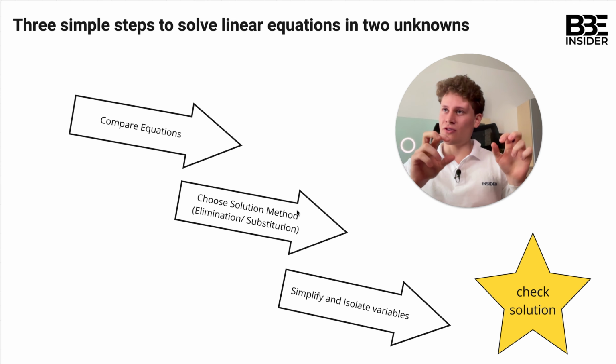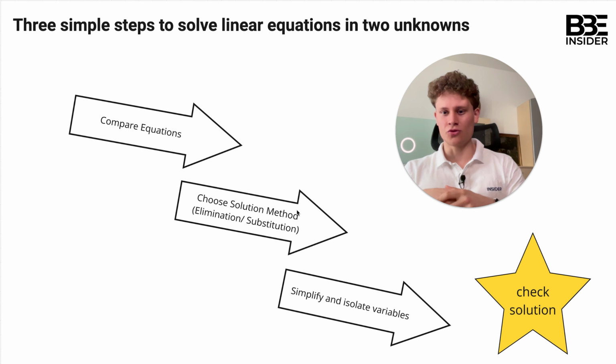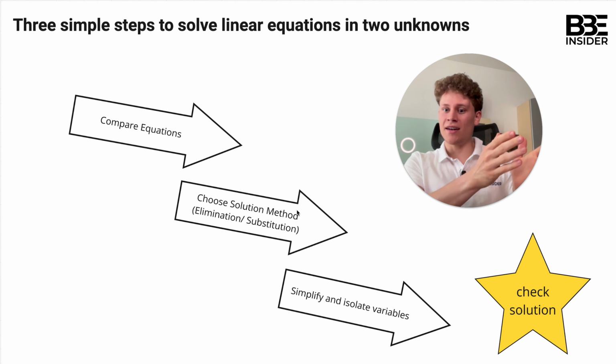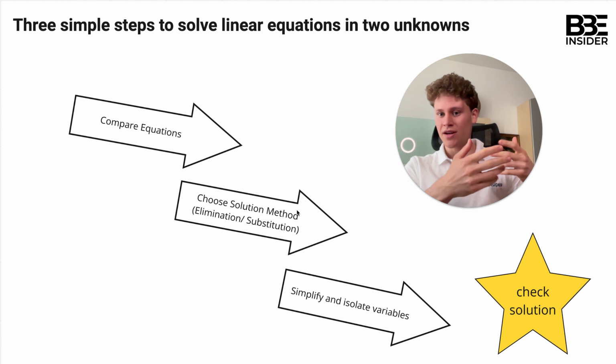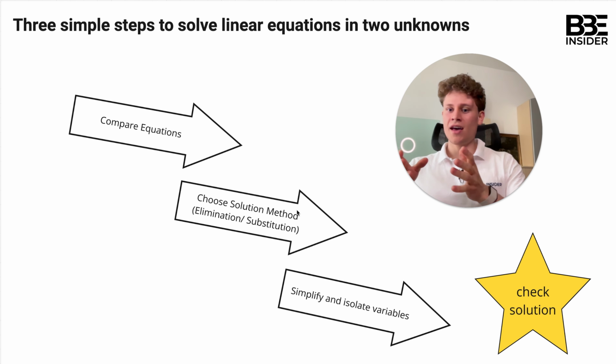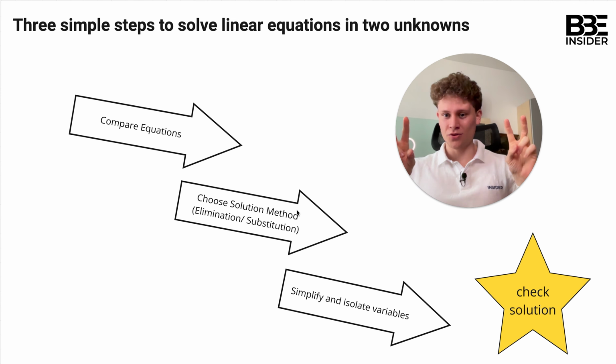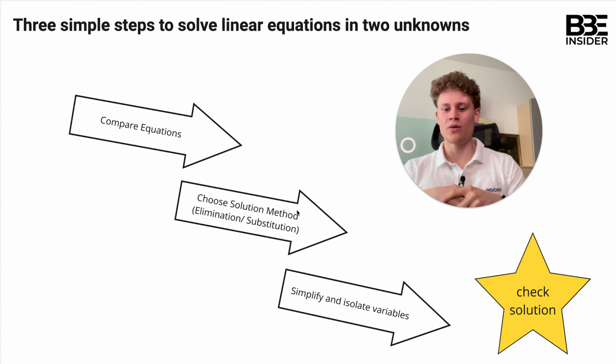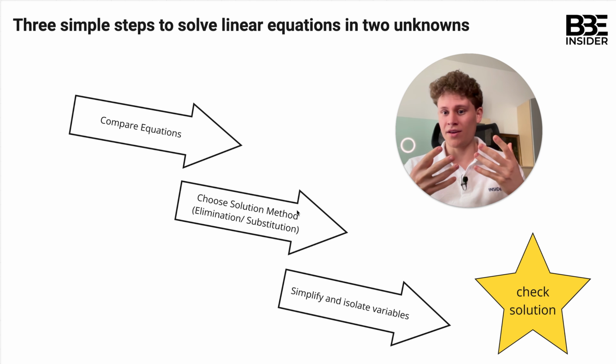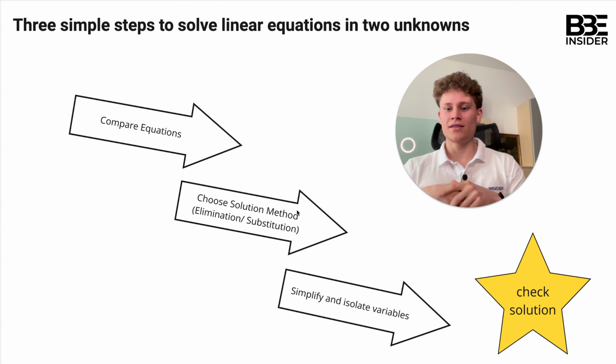Well, there is no correct or false solution method, but in many cases there is an easy solution method for a given set of equations and one that's not so easy. Because we want to be fast during the entrance exam, it's important to choose the easy one, the one where you can solve everything in the fastest way. This is something I will show you in the next steps.